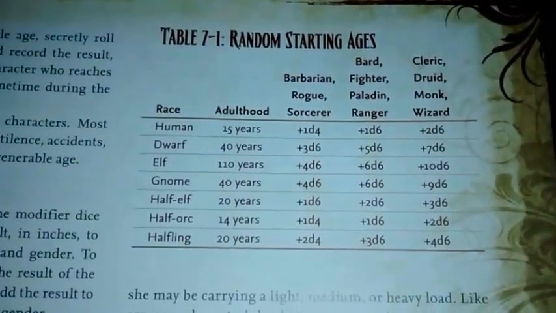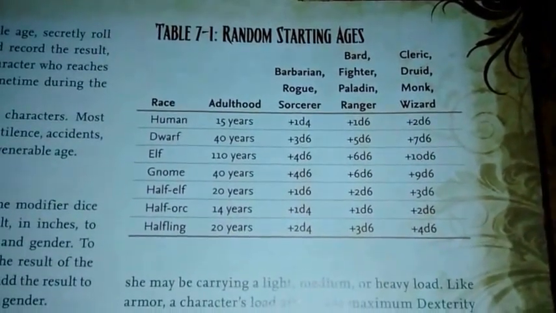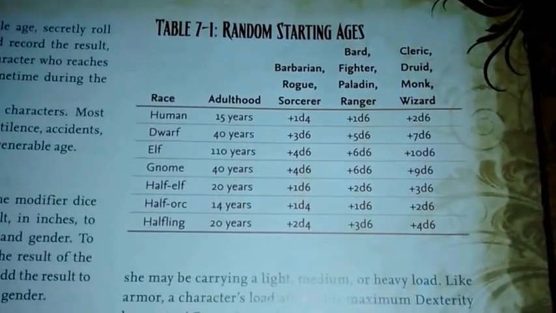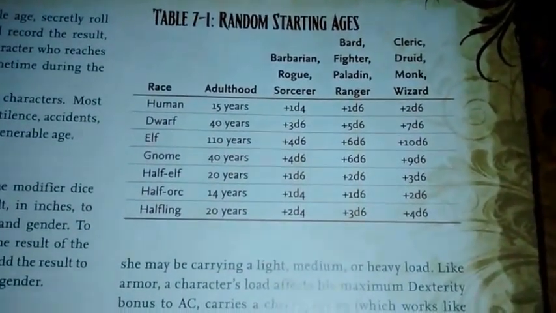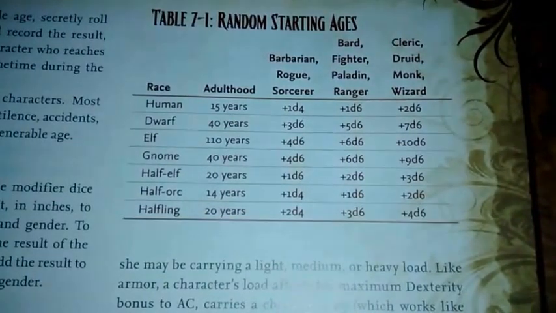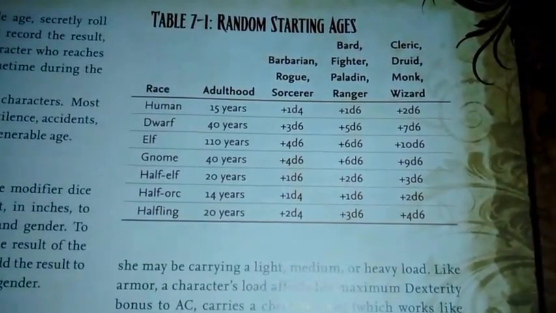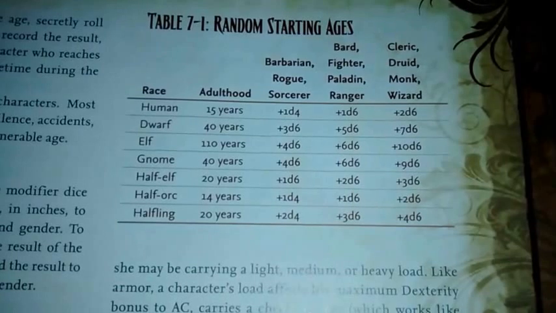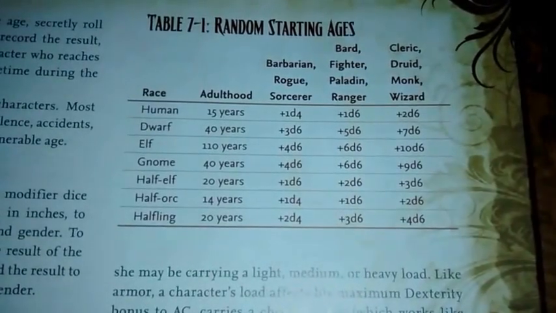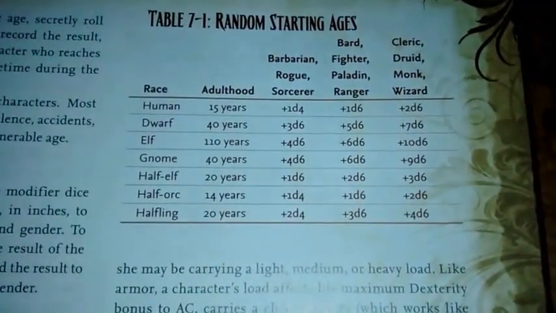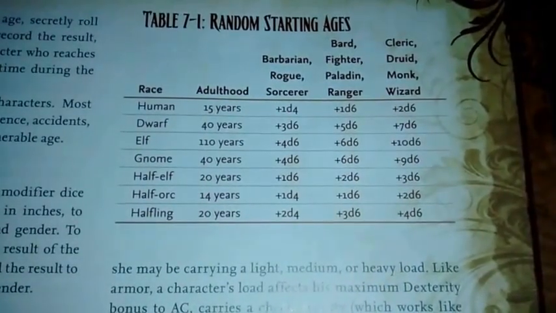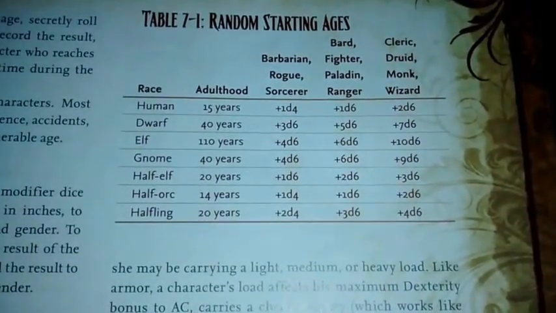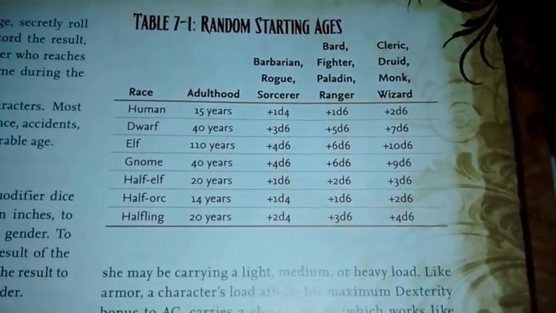In the rulebook, we have the adulthood age of each race and also a way of randomizing your age. Now, the age of adulthood is the youngest age one of your characters can be. So if you have a dwarf, you can never have a dwarf that's younger than 40 years old. So adulthood is the minimum age of your character.